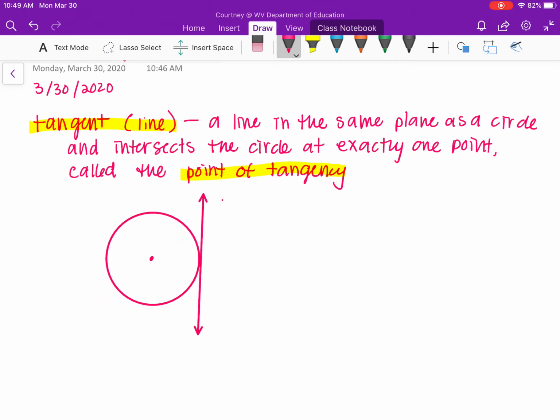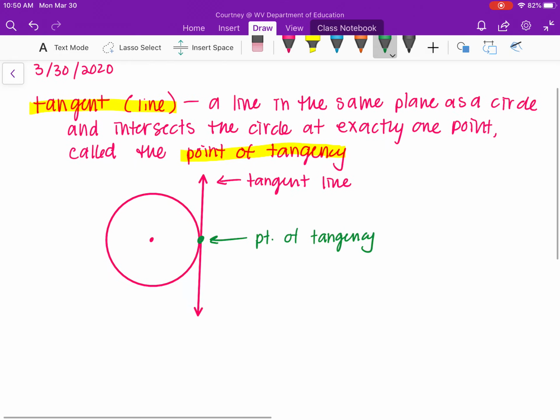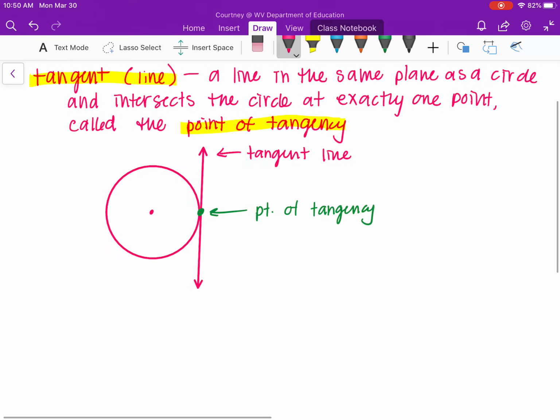So let me just write this. Here's our tangent line. And this point right here, the green one, would be called the point of tangency. Point of tangency. Okay, so there's our tangent line.